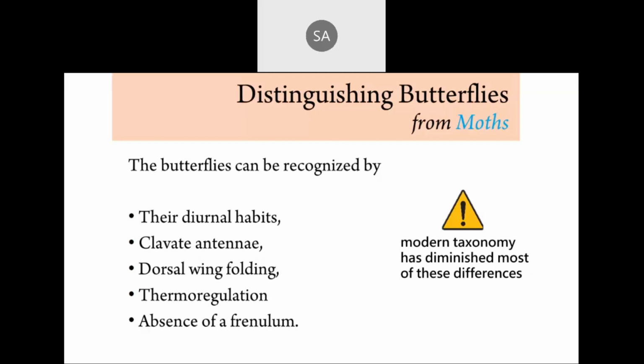They have clavate antennae. Their wing folding is dorsal. They thermoregulate differently: butterflies bask, and moths thermoregulate by shivering their wings. And butterflies do not have the frenulum. They have some other mechanism. Also, there is a question mark here, as modern taxonomy has diminished most of these differences. So next slide.